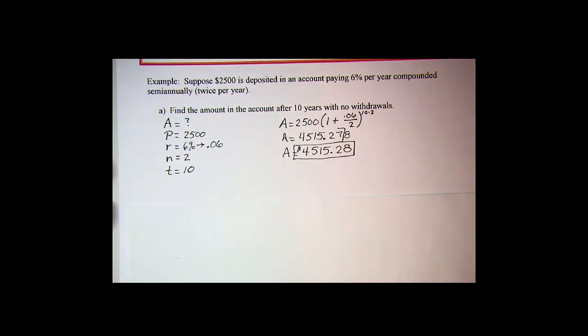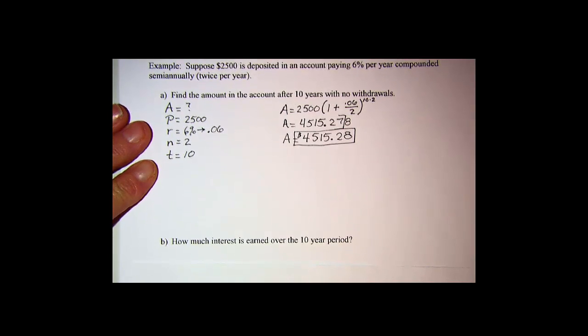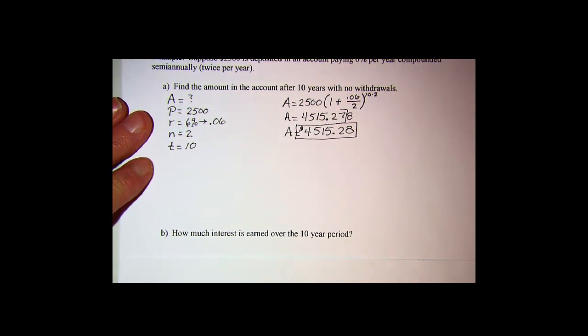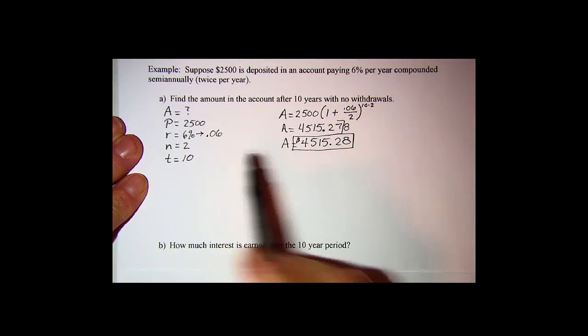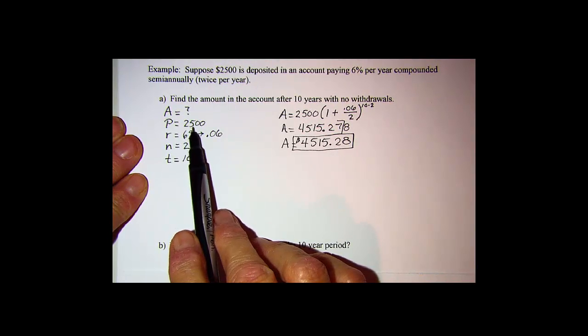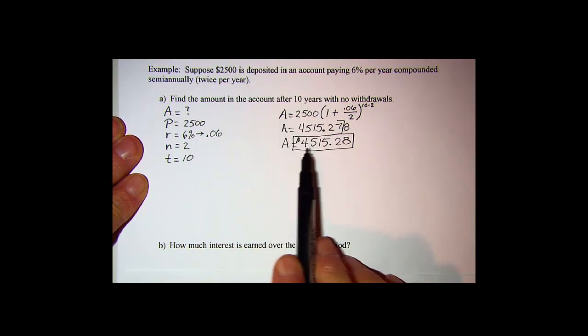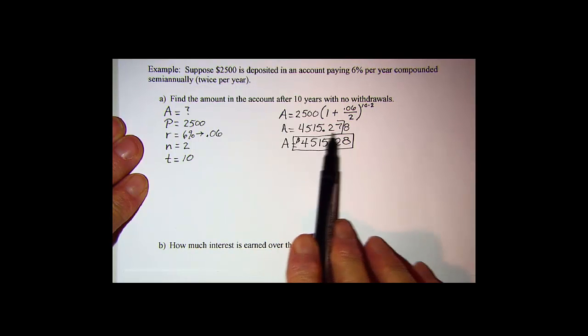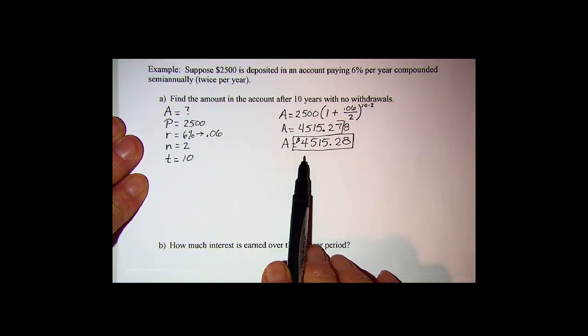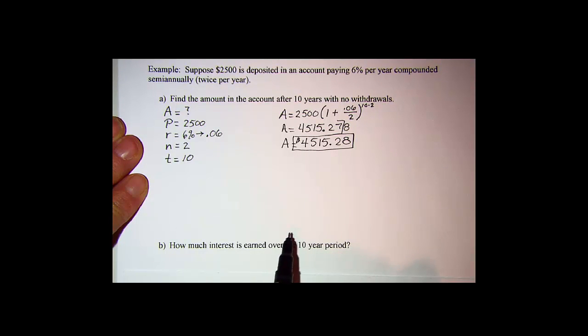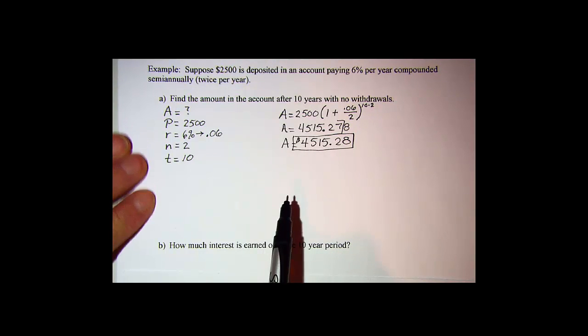Now, continuing with this problem, our next question is how much interest is earned over the 10-year period. So the interest is, if you go into the bank with $2,500 and then after 10 years you leave with $4,515.28, your interest is the difference between those two amounts.